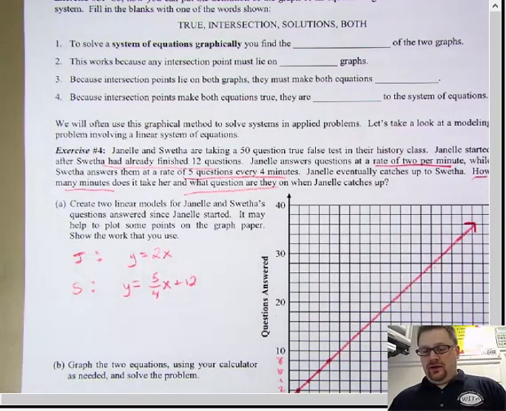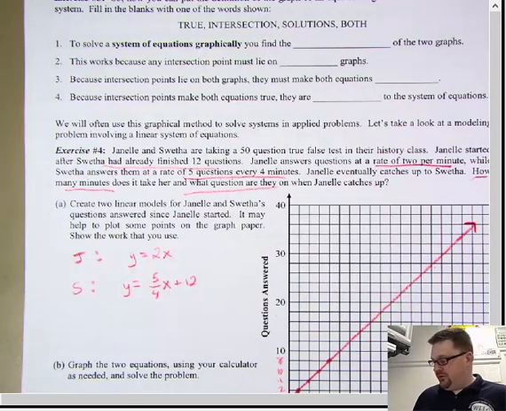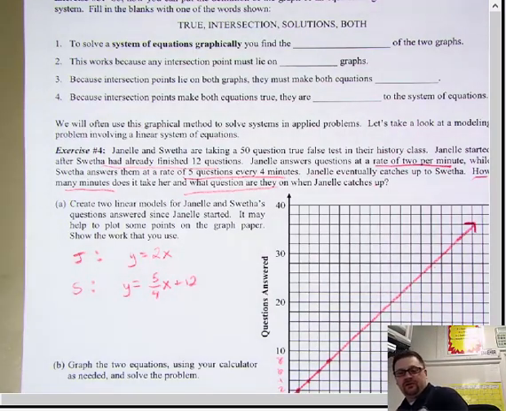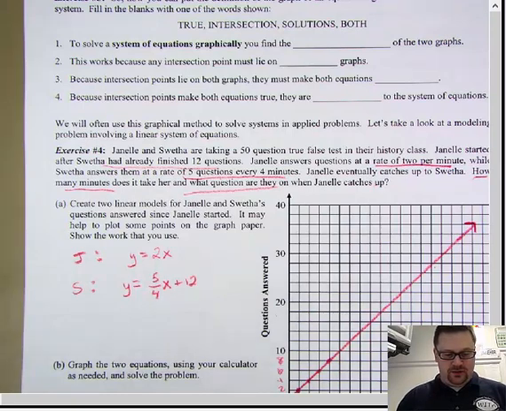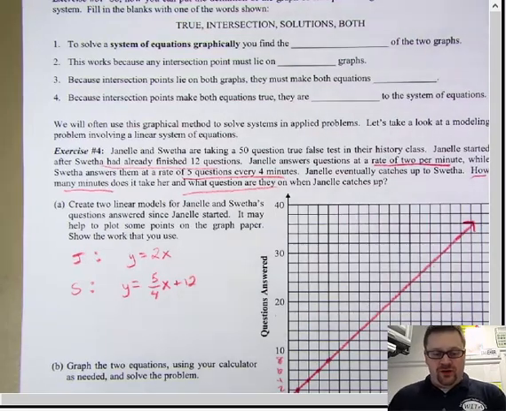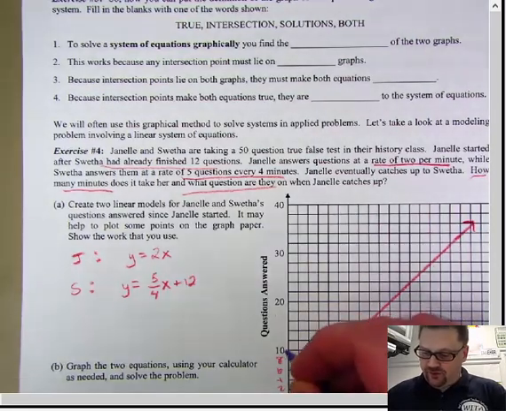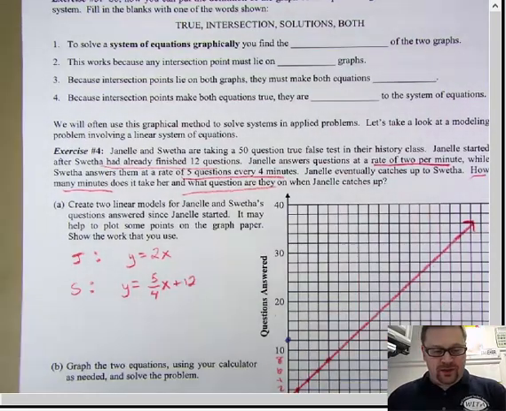If I use my calculator to get some other points for the other equation, keep in mind that one was y equals 5/4 x plus 12. Because there's a fraction, there's probably going to be a whole bunch of decimals involved in this one. I'm going to skip those. So I see the point (0, 12), so that is right there. My next point is (1, 13.25).